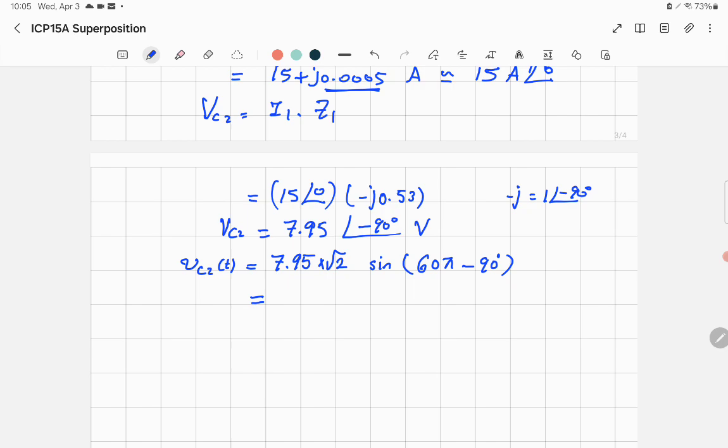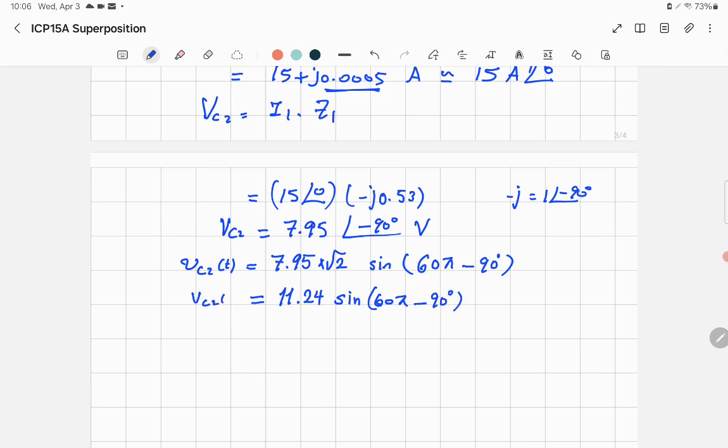So I multiply square root of 2 times 7.95. Then I get 11.24 sine 60 pi t minus 90.